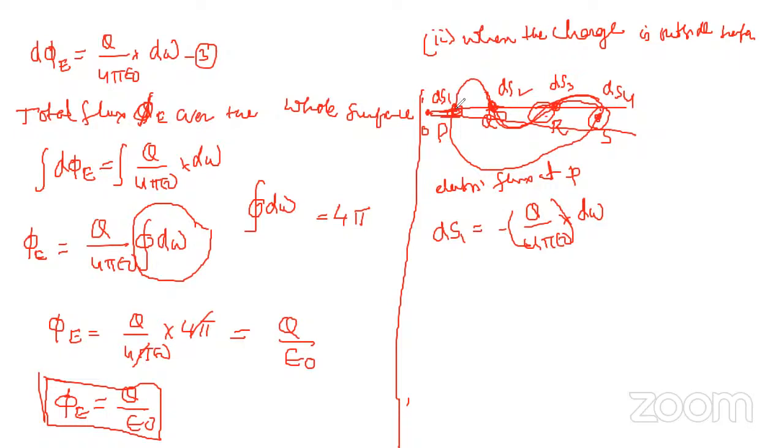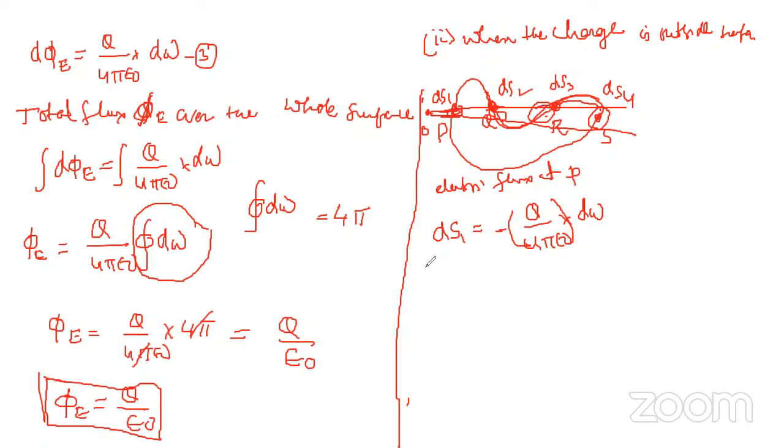So at this point, as they are entering, we write it as minus Q by 4 pi epsilon naught into d omega. d omega is nothing but the solid angle at the point O due to this surface.